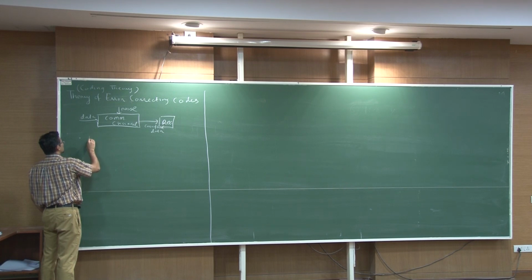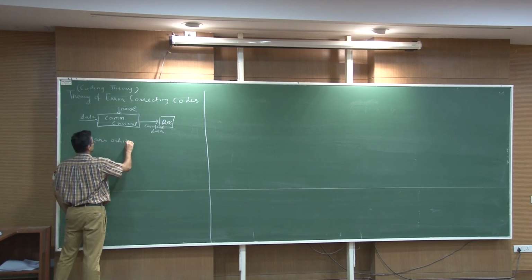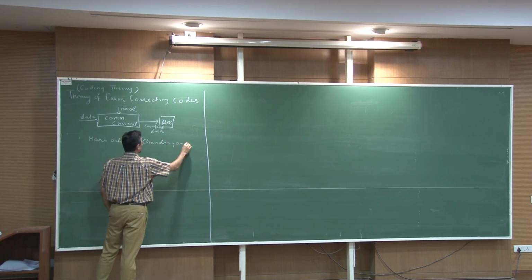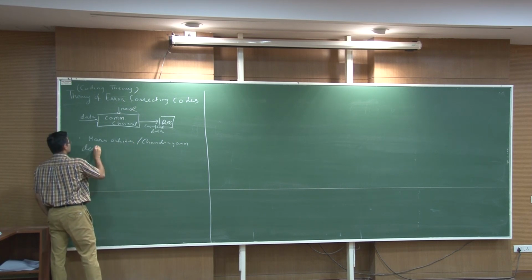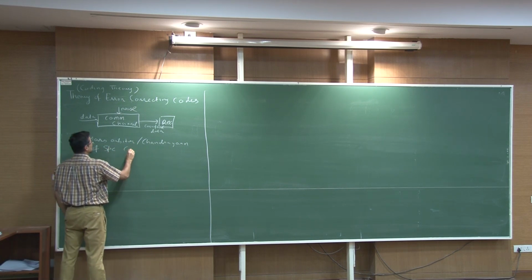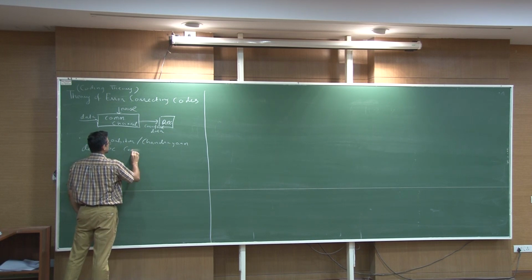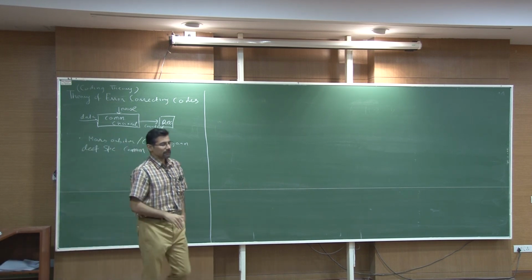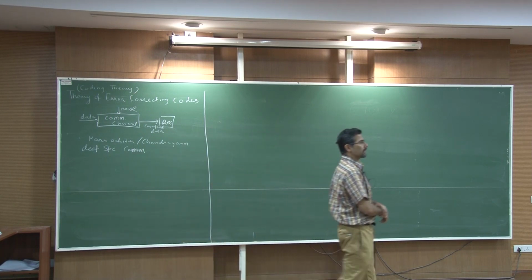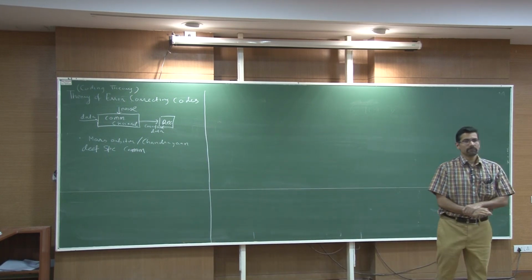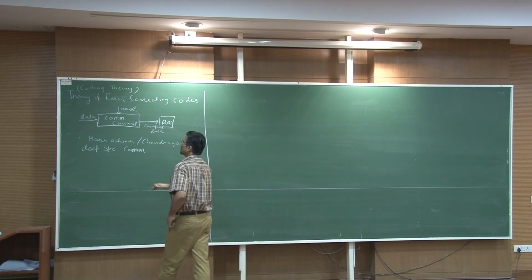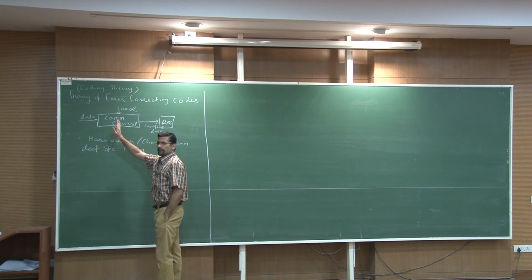Say you have the Mars orbiter mission, Mars orbiter or Chandrayaan. Deep space communication. What is happening? Say Mars orbiter: from near Mars, it is capturing data, maybe photographs or results of some experiments, and it is transmitting that data. What is the communication channel here?